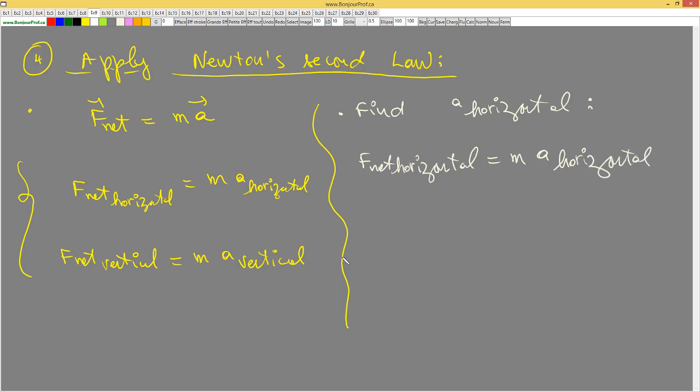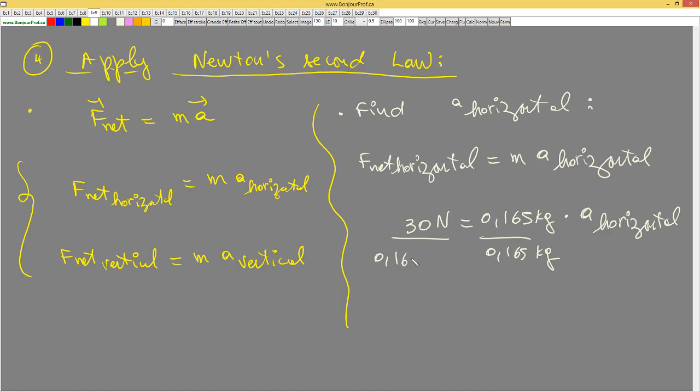Are you okay now? What is the force net horizontal? 30 newtons equals, what is the mass? 0.165 kilograms times the acceleration horizontal that we are looking for. So to find the acceleration horizontal, I have to divide by 0.165 kilograms, and I will divide by 0.165 kilograms.